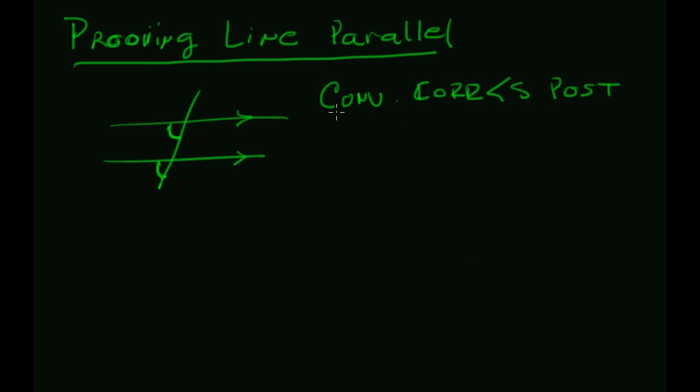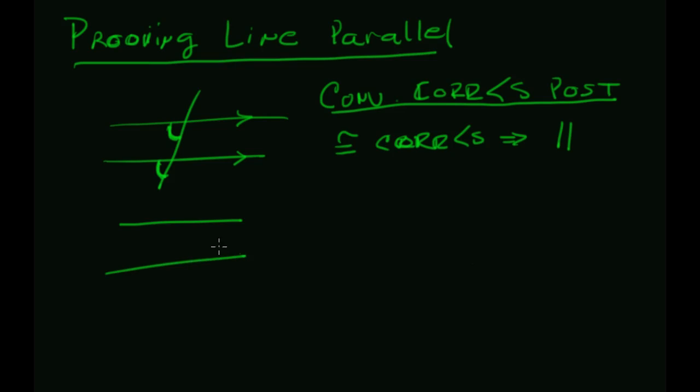This one's a postulate, so you don't have to actually prove it. The converse is that if you get two lines that have congruent corresponding angles, then in fact that proves the lines are parallel. Okay, so that's one, right?